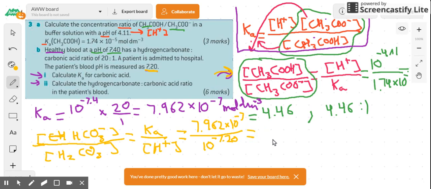When we do this calculation, we get 12.62. So for every 1 molecule of carbonic acid, we have 12.62 of hydrogen carbonate. And that would be the answer to this question.